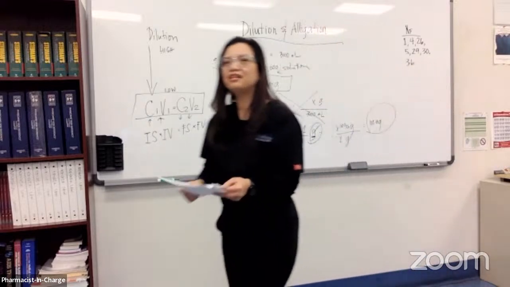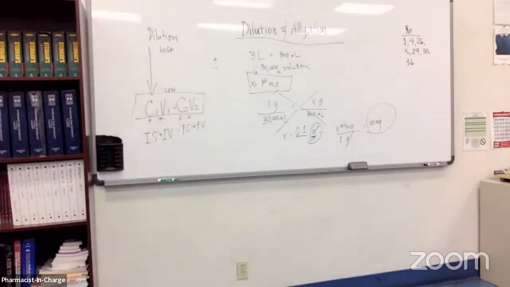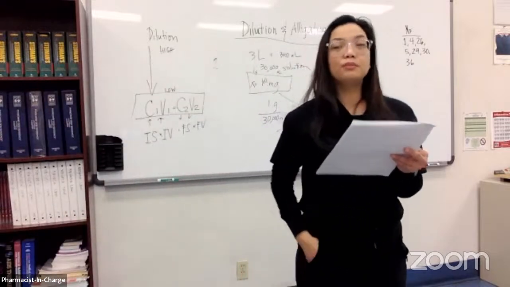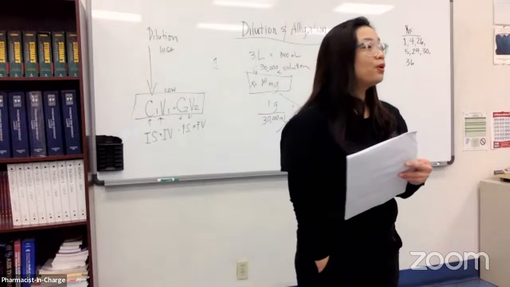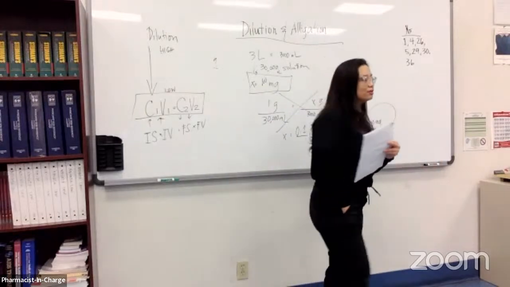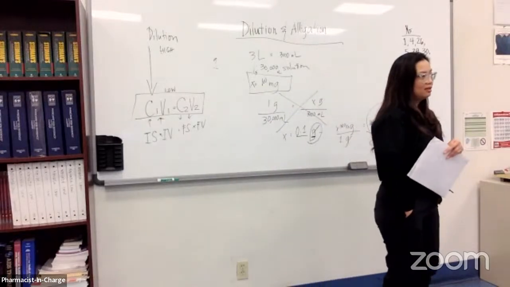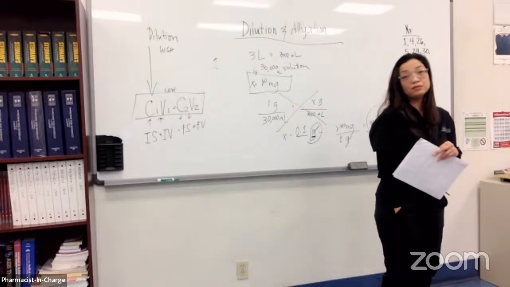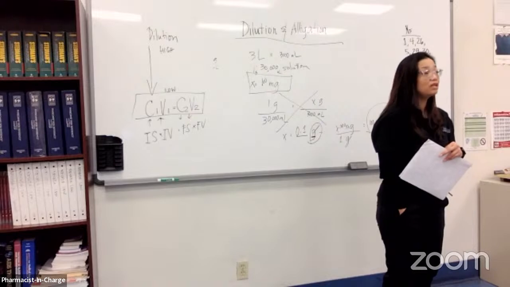Number 3, easy conversion, right? Convert 1,200 milligrams to grams. 1,200 milligrams to grams would be 1.2 grams. I always tell you, don't just multiply or divide, right? Because many students multiply when they have to divide, or divide when they have to multiply, and it's a common mistake, and it's a dangerous mistake.